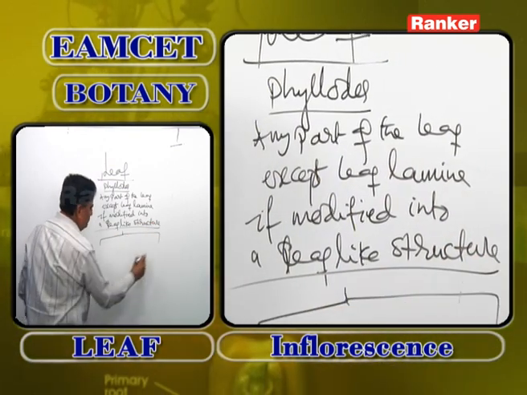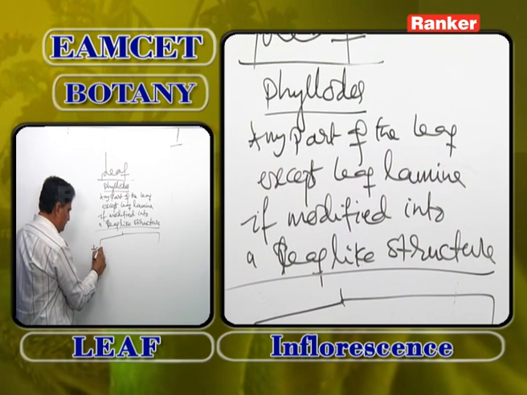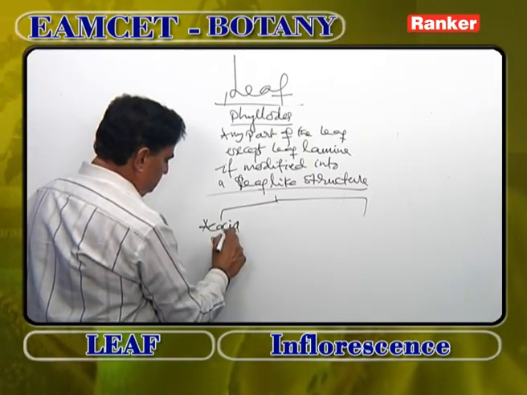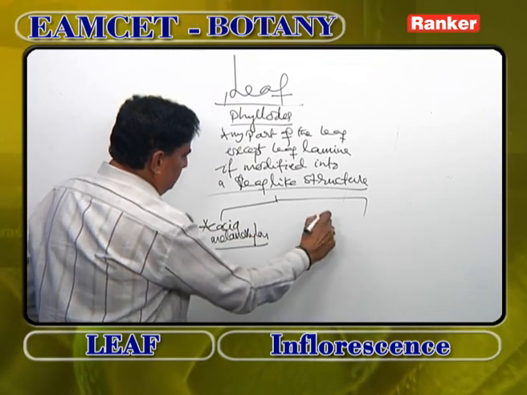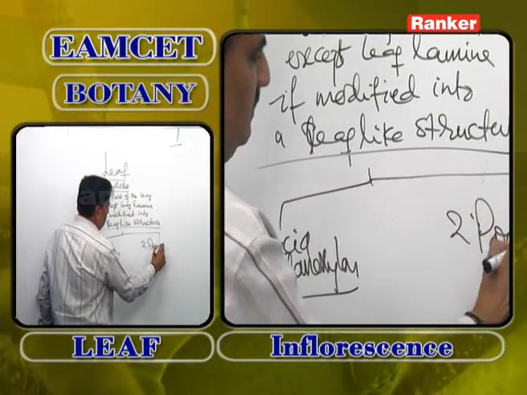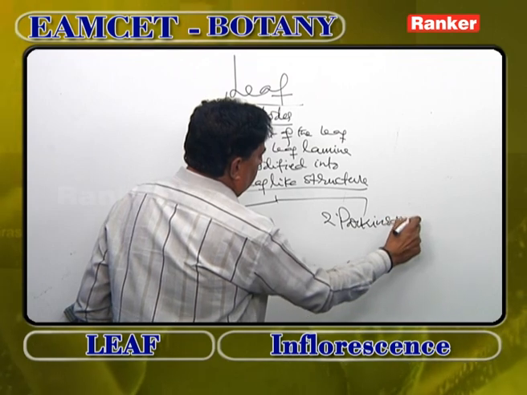Phyllodes are found in two types of plants. One is Acacia melanoxylon, the other is Parkinsonia aculeata.